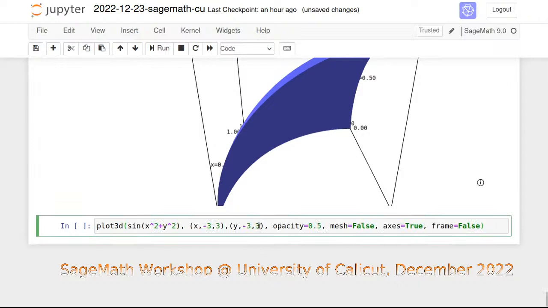Therefore, if you have a very complex function to plot, which is undefined or defined in some other way, then probably you should reduce the plot points to see Sage working much more efficiently.